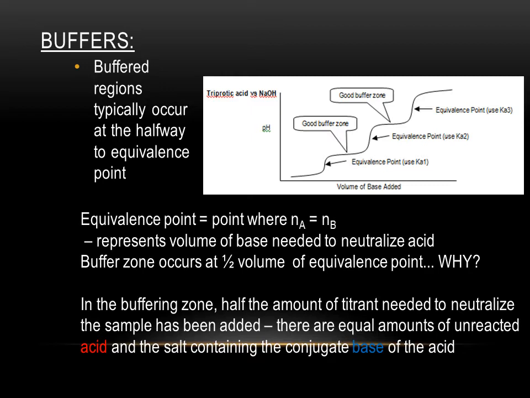Well, why half the volume? Because if we have half the volume of the equivalence point, then we have a mixture of equal amounts of both a weak acid and its conjugate base, or a weak base and its conjugate acid. So in other words, we get that buffer zone because we've got the exact conditions we require to make a buffer solution.